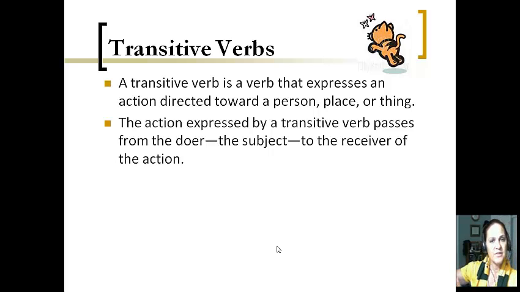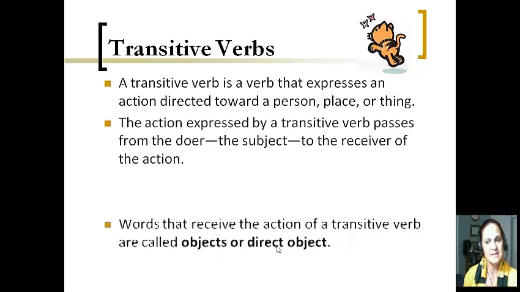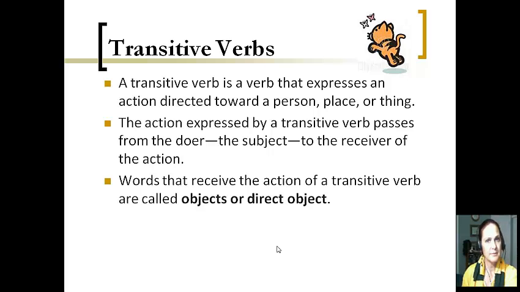And the word that is in the predicate part of the sentence that labels is called the object or the direct object. So you have the subject doing an action expressed by your action verb, and it's passing that action on to the receiver of the action, which is your object or your direct object. That means transitive. It passes the action on.